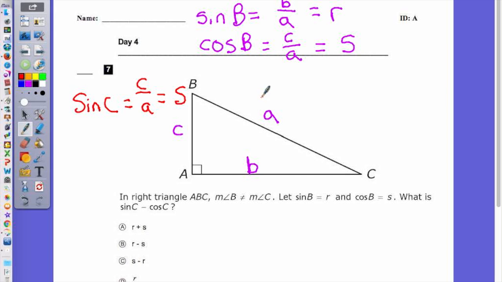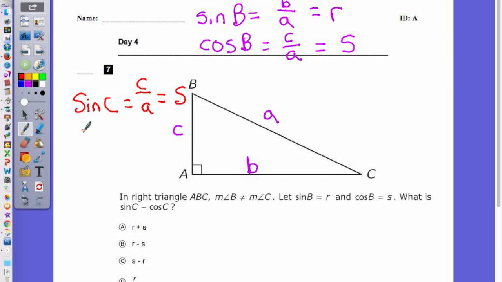What they're really testing here, and you may not remember it, so you can write that out, is that the sine of B is going to be equal to the cosine of C. But if you don't remember that, you can start writing some stuff out.